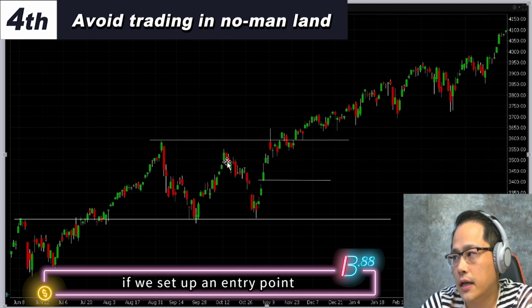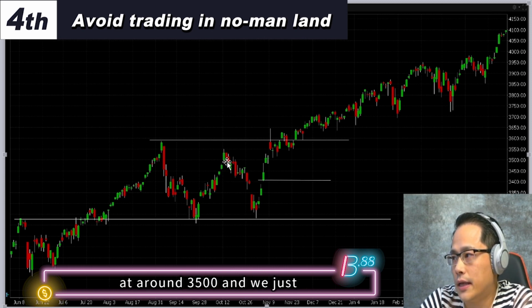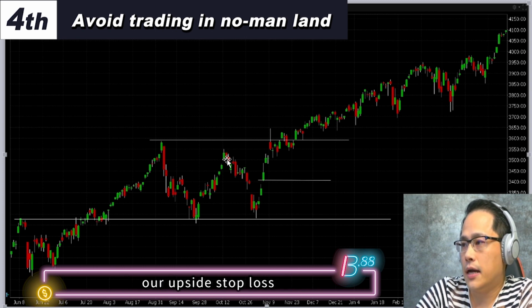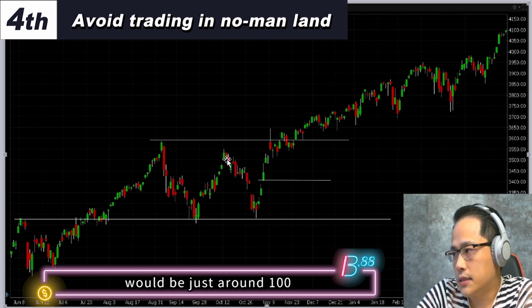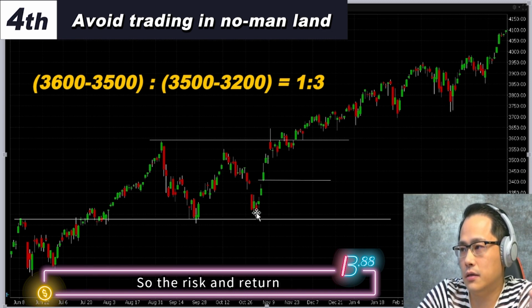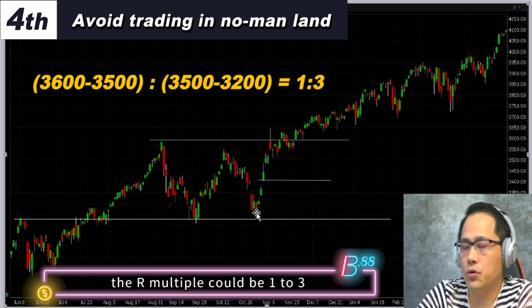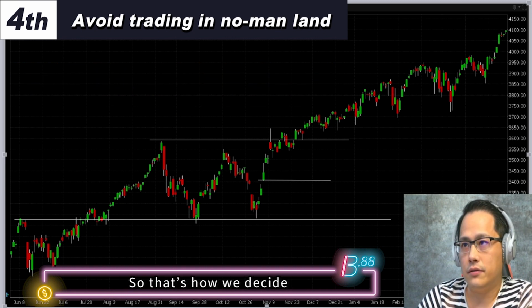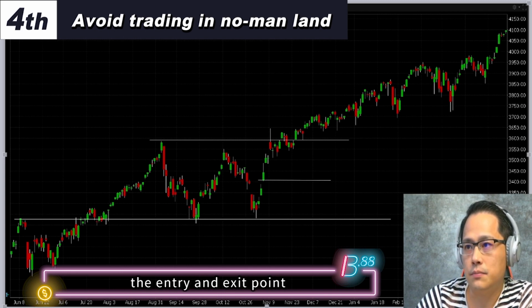As an example, if we set up an entry point around 3,500 and decide it's a pullback trade, our upside stop loss would be around 100, which is 3,600 minus 3,500, but our profit potential could be from 3,200 to 3,500, which is about 300. So the risk-return R multiple could be 1 to 3. That's how we decide the entry and exit point here.